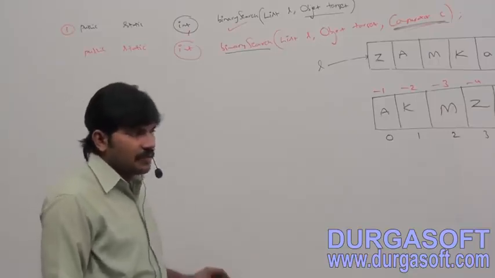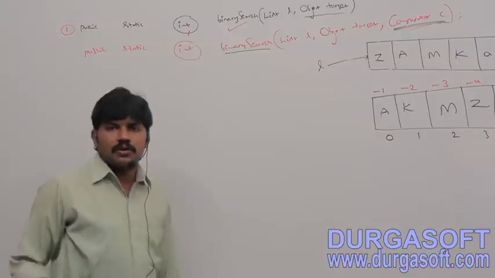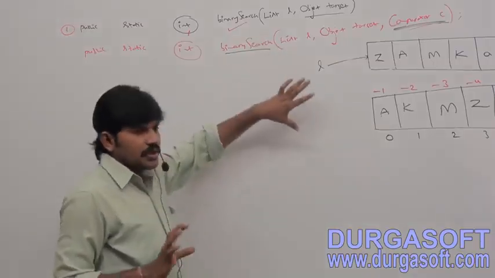Okay, that's all. How many points came? Six. So make sure you have clarity about these conclusions.